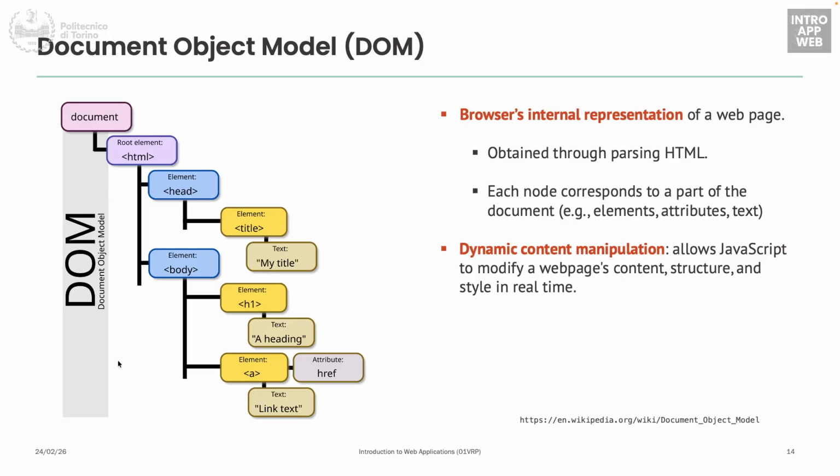So for instance, have you seen in some pages that when you click a button, something appears or disappears? Or when you click, for instance, an image gallery, then it pops up like the images, and if you click on the next button, then it shows like the next image or the previous one. So that's JavaScript, what is going on there.